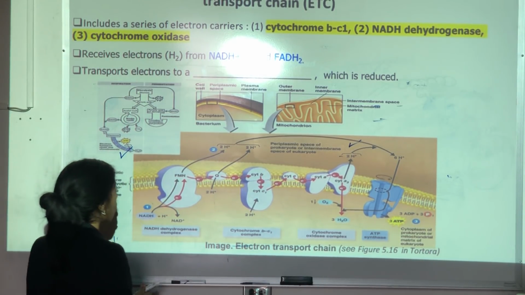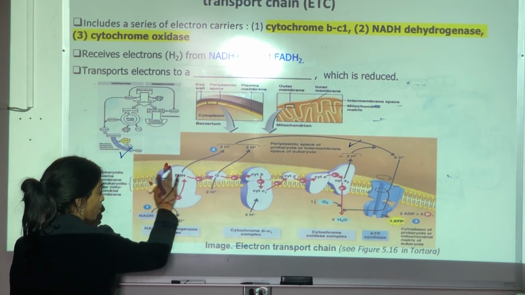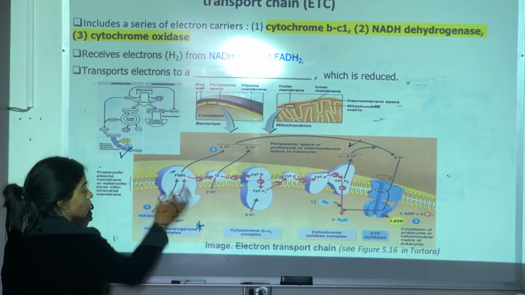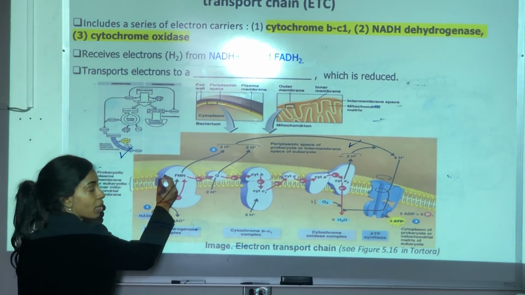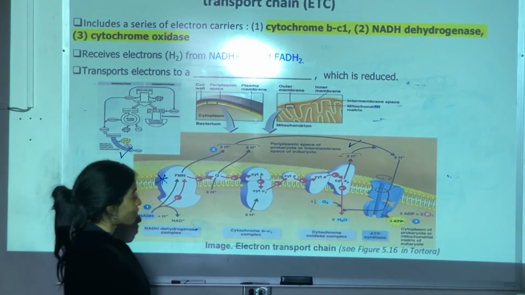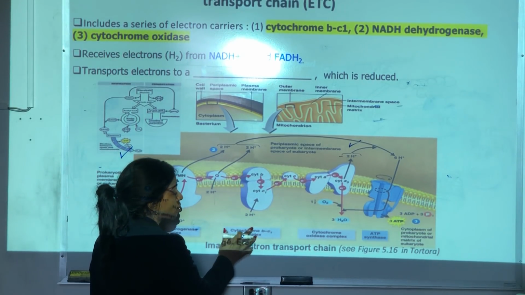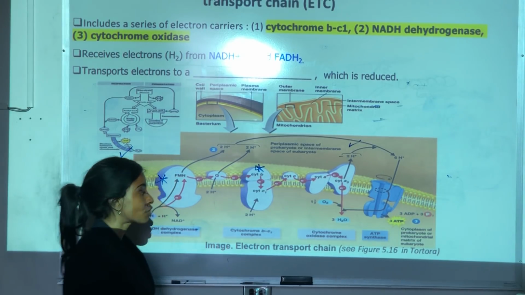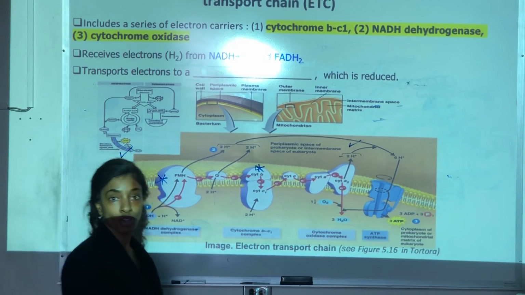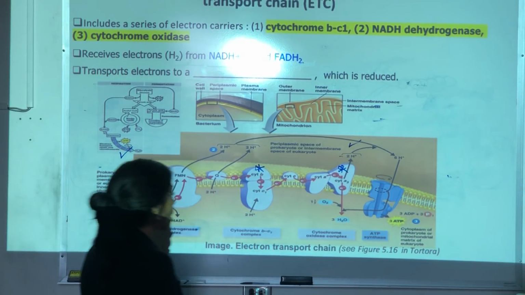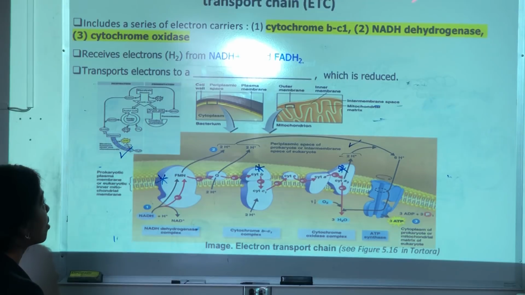Okay, so our first one that we have, so I'll put a star next to it, NADH dehydrogenase. So maybe I'll put a star here. That one would be helpful so that we can see where it is. And then we have cytochrome BC1, which is in the middle, right? So cytochrome BC1, I'll put the star next to that next major complex, and then cytochrome oxidase complex, which is here, right? So those are the 3 major complexes that we have in the electron transport chain, all right?